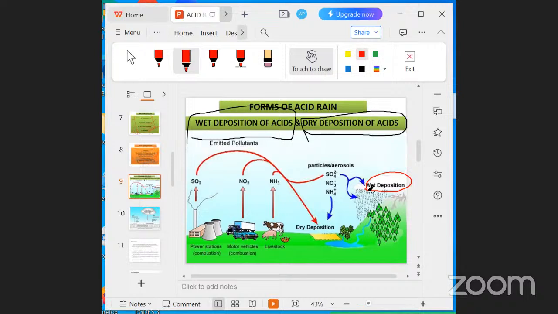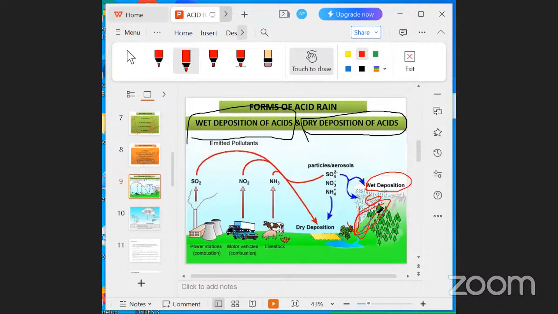Thereafter, acids fall to the ground in the form of rain, sleet or fog, snow or mist, right? So it removes acid from the atmosphere and deposits it on the earth's surface.